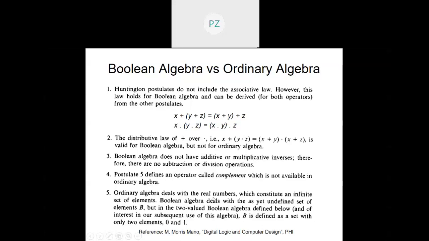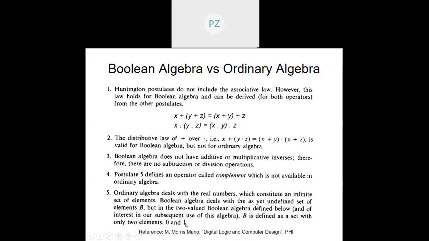Ordinary algebra deals with the real numbers, which constitute an infinite set of elements. Boolean algebra deals with the as yet undefined set of elements B, but in the two-valued Boolean algebra defined below and of interest in our subsequent units, B is defined as a set with only two elements, 0 and 1.